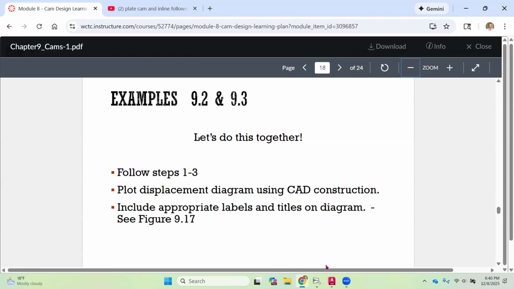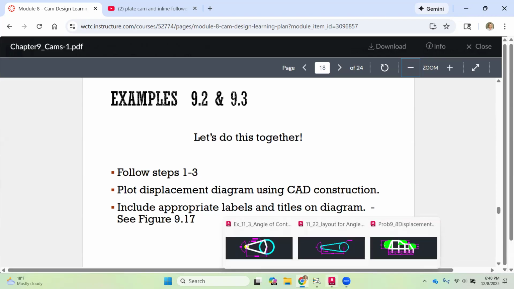So instead of looking at example 9.2, we're going to jump to problem 9.8. Okay, problem 9.8, and this is on page 254. So let's go underneath here.